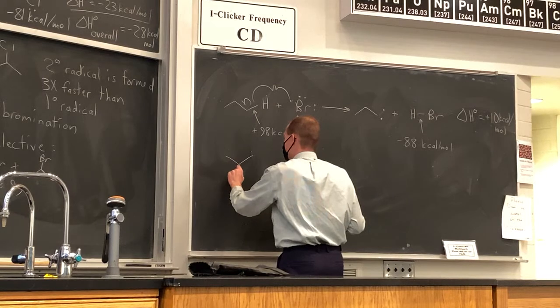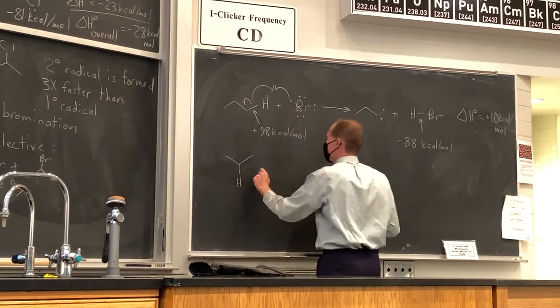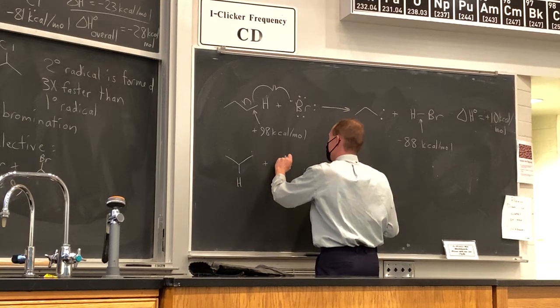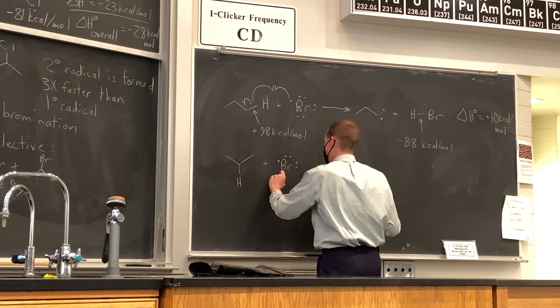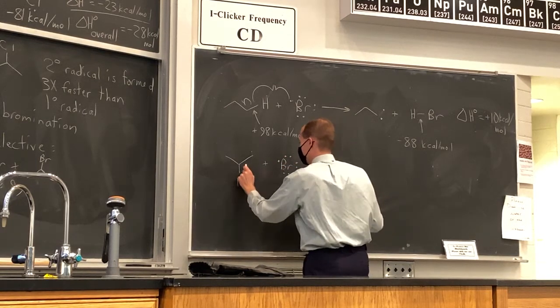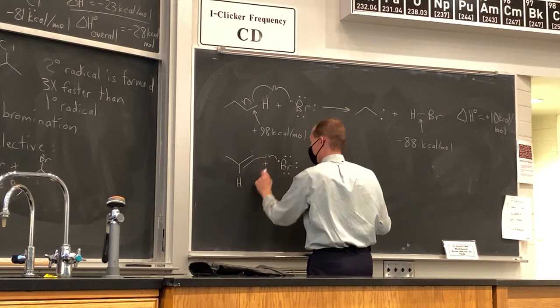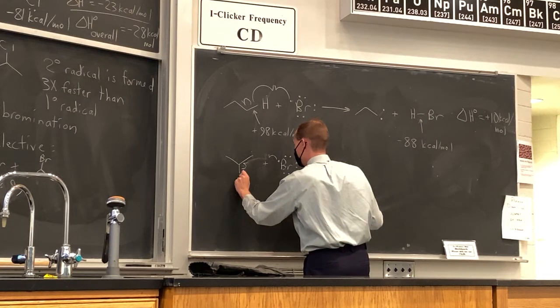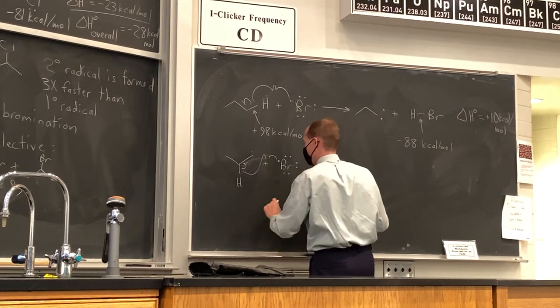Let's look at the delta H of the first propagation step to form the more substituted bromide. I didn't draw that very well. There we go.